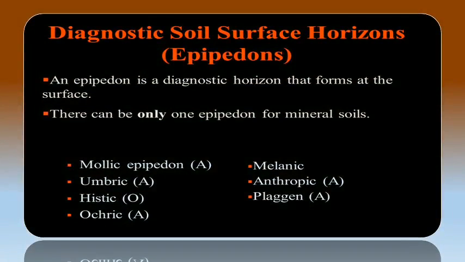Diagnostic soil surface horizons, or the epipedons. An epipedon is a diagnostic horizon that forms at the surface. There can be only one epipedon for mineral soils: the molic epipedon, umbric, histic, ochric, melanic, anthropic, and the plaggen.